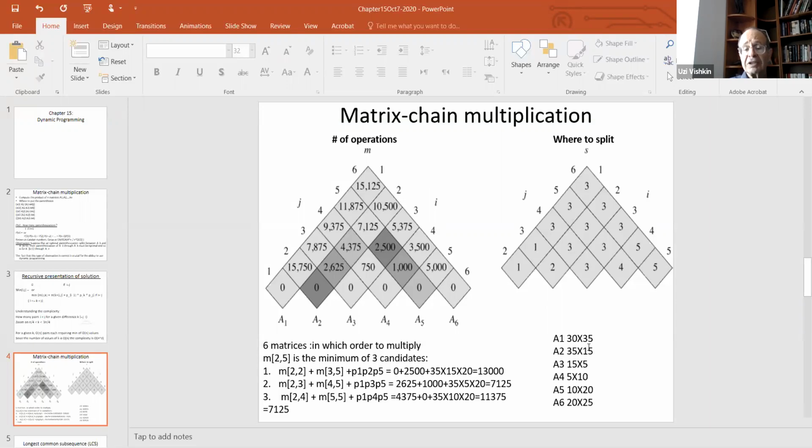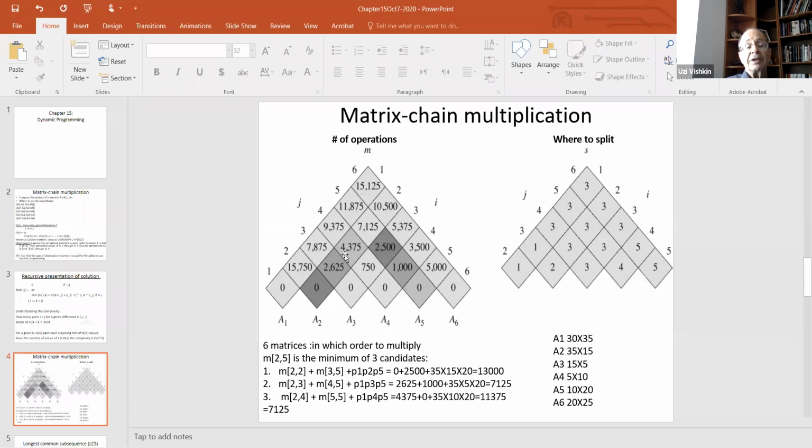So now 30 times 35 times 5 is about 5,000. Add 5,000 to this, you get that this is a correct number. It sounds correct, and we can take a calculator and figure that out. But you see how we reach this number? We reach this number by first doing A2 times A3 and then multiplying A1 by it. I just demonstrated to you that we could get this number this way.